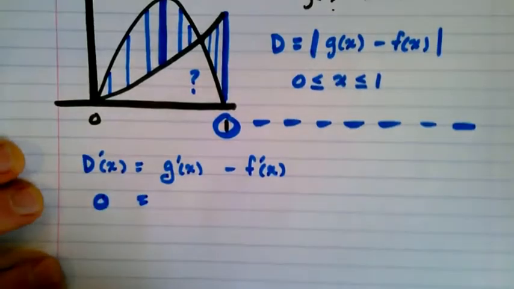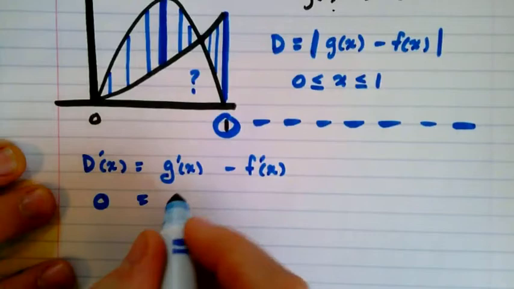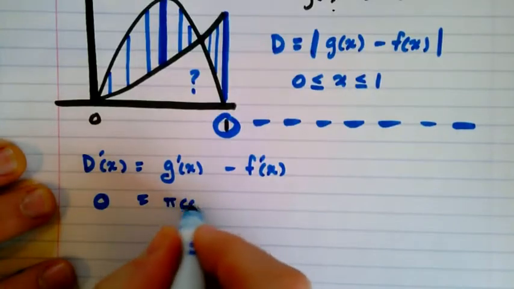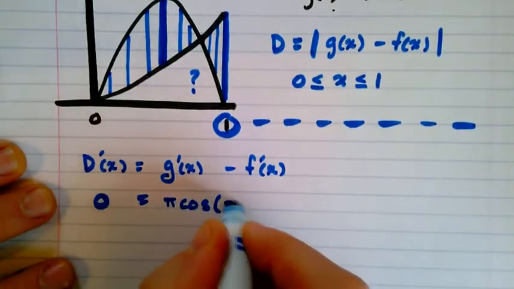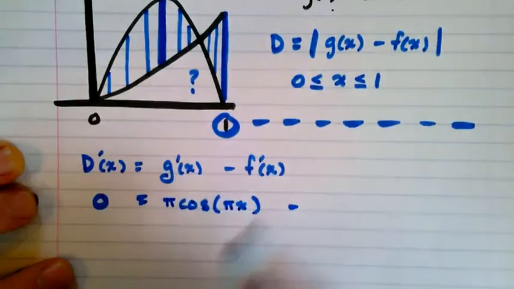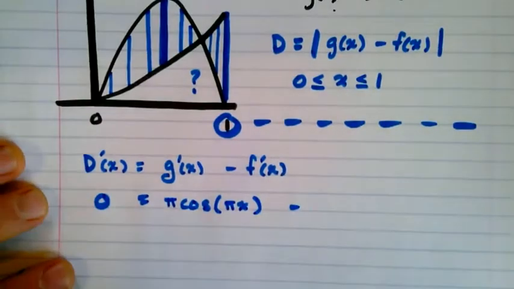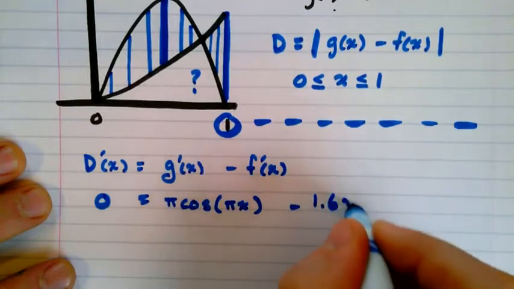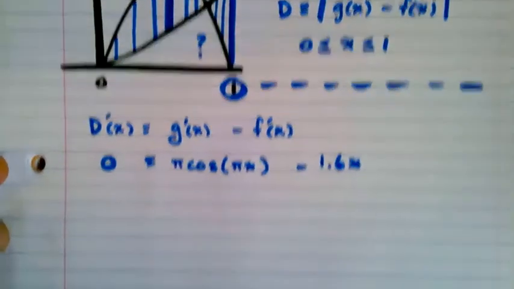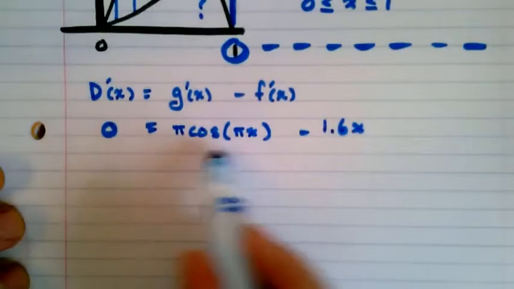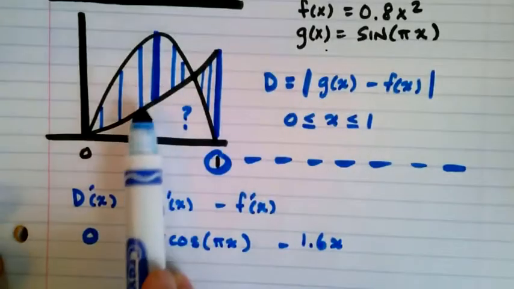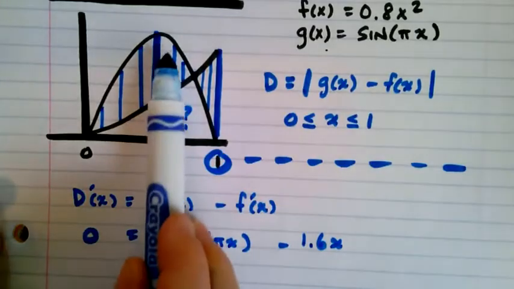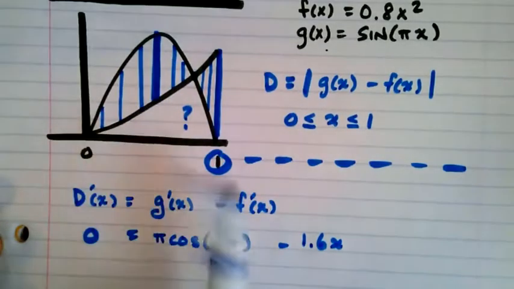The derivative of g would be pi times the cosine of pi x, minus the derivative of f, which would be 1.6x. So we want to know when this quantity right here is 0. To me, it looks like it's going to happen somewhere kind of close to the middle of the interval, somewhere close to a half.